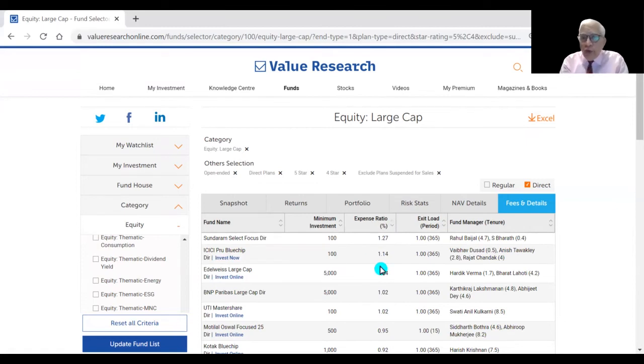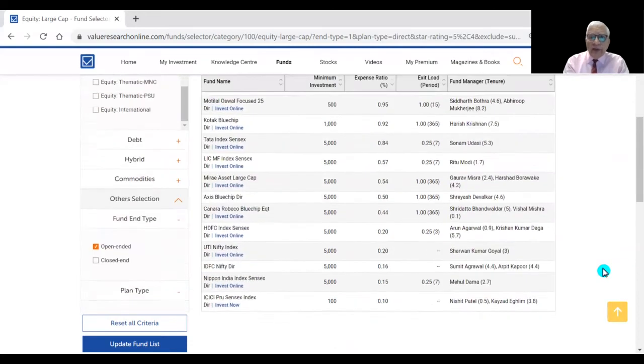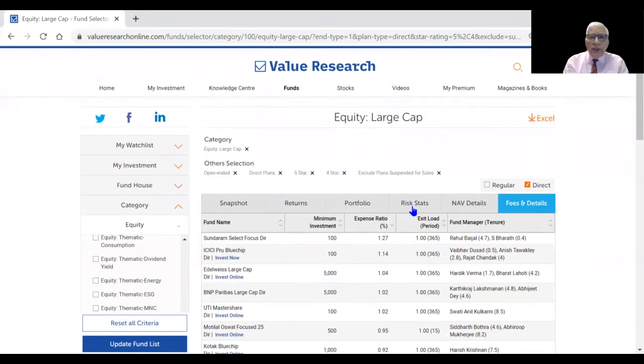So 2.26 has become 1.27, almost 0.99% less expenses in the direct plan compared to the regular plan. As I mentioned previously, the expenses can be brought down by 1 to 1.5% by choosing direct plans for investment instead of regular plans.